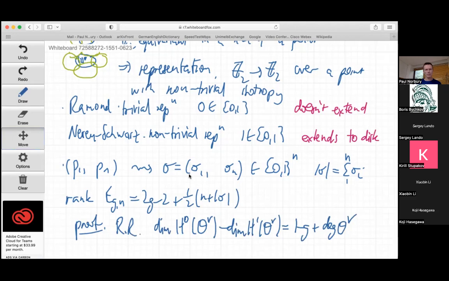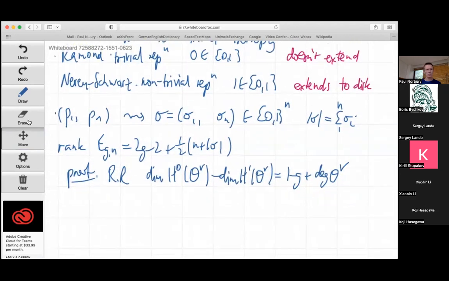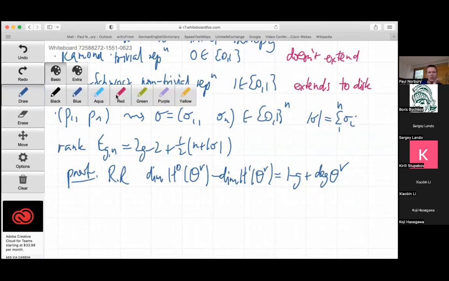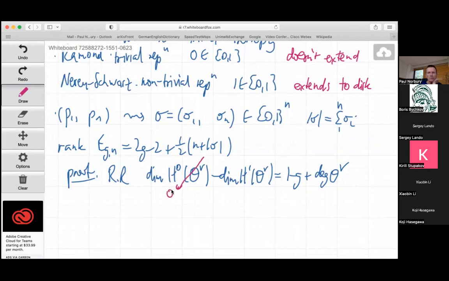And I might have to adjust this because it's actually orbifold Riemann-Roch, but let's just see how this goes for the moment. So this guy I argued is 0, and this is the rank of E_{g,n}, or the negative of that is the rank. And this guy here is equal to 1 minus g minus n on 2.